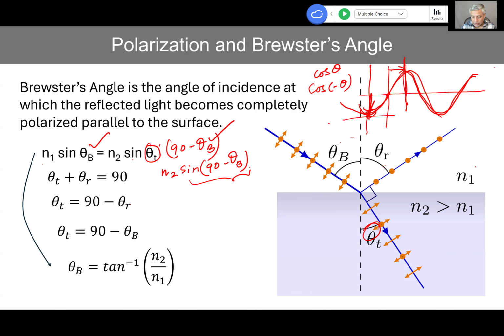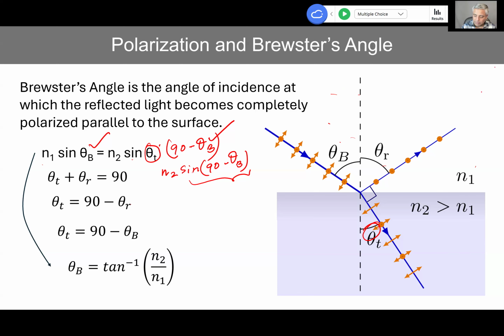It's a trig identity from trigonometry, or if you can visualize this wave, you can see that on your own. When you shift sine by 90°, it becomes cosine. When you shift cosine by 90°, it becomes sine.